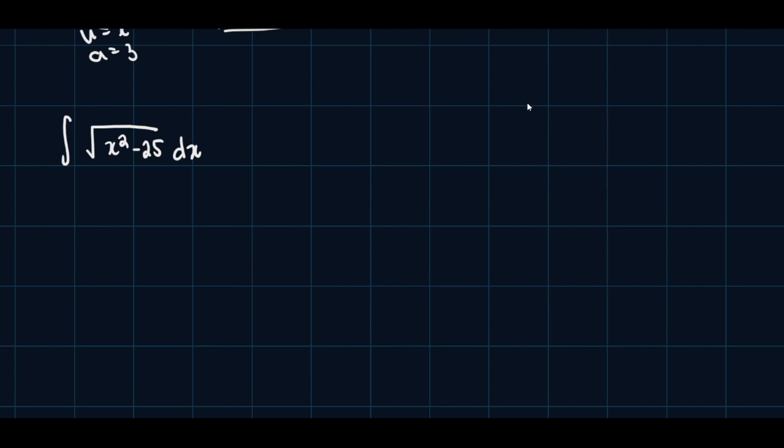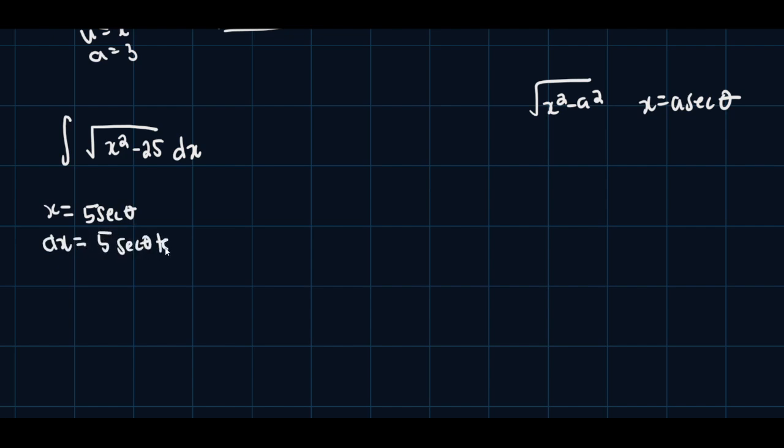So if we have square root of x squared minus a squared, we're going to make use of this substitution. Okay, so let x be equal to 5 secant theta. This of course would mean that dx is 5 secant theta tangent theta d theta.